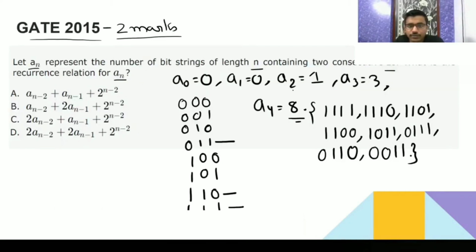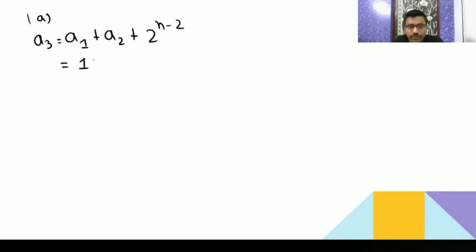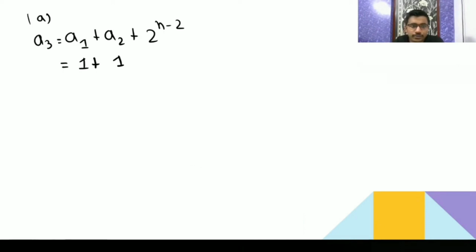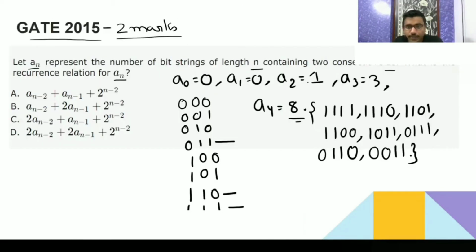So a1 is 0, a2 is 1, and 2 to the power 3 minus 2 is 2, so we get 3. It is saying 3, and a3 you got 3 only. So this may be the correct one, till now.